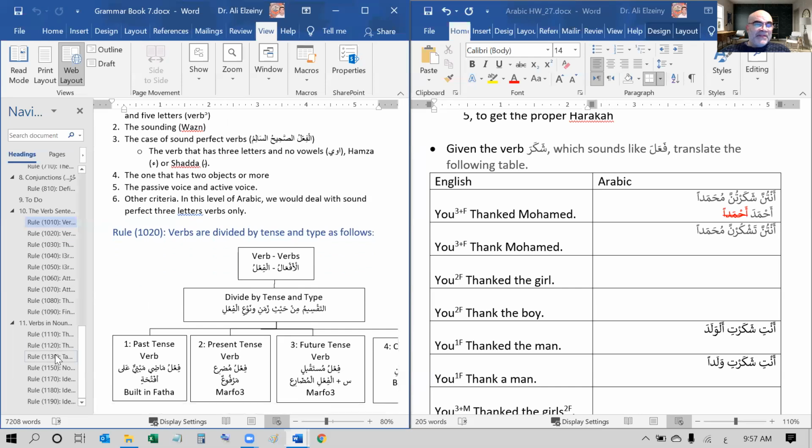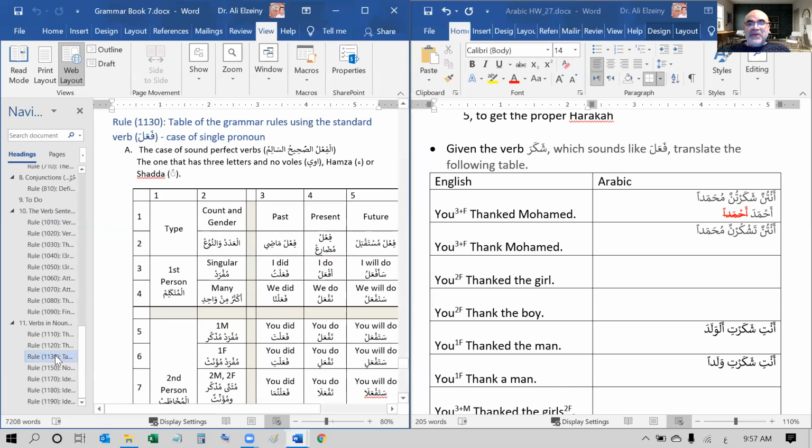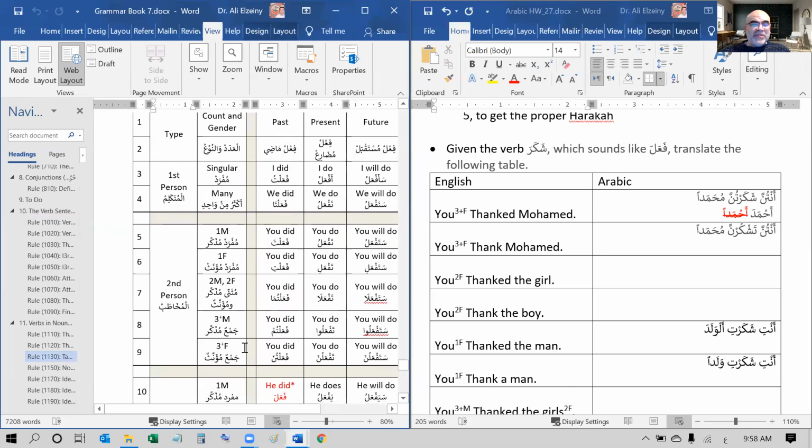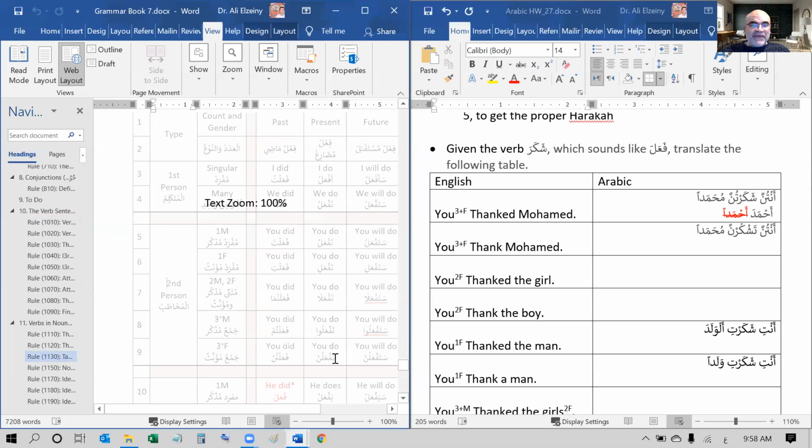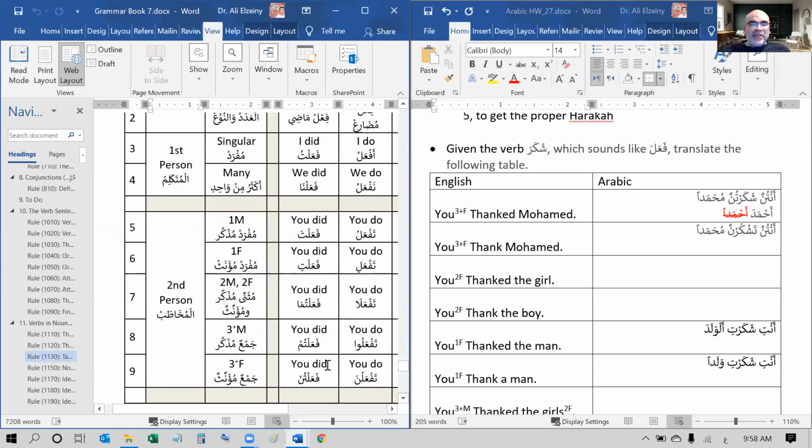Okay, so here we are back to what we were doing. The past tense is فعلتن, but the present tense is تفعلنا. Let's make it bigger here, it will be more clear.